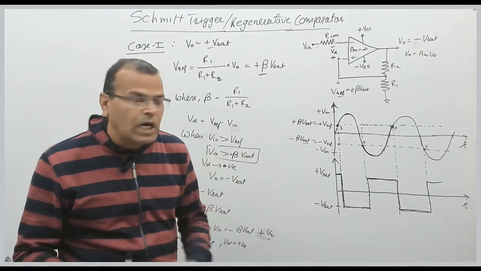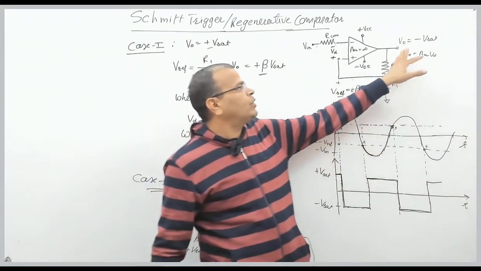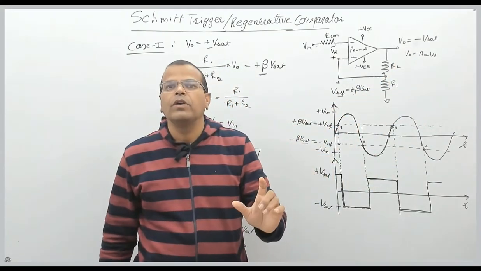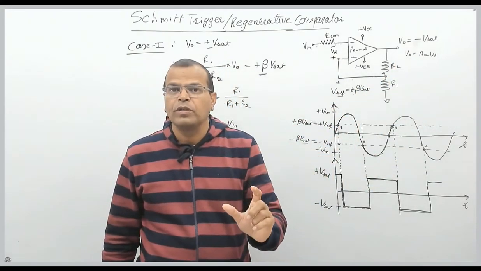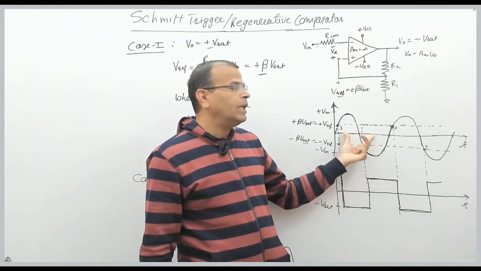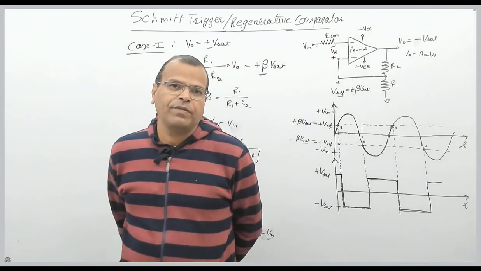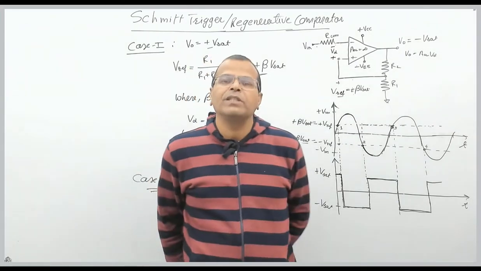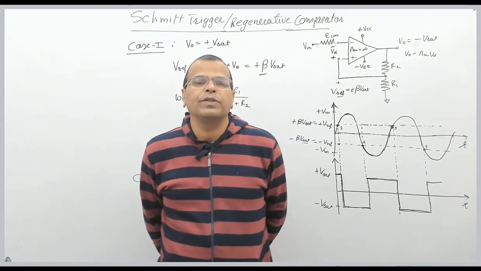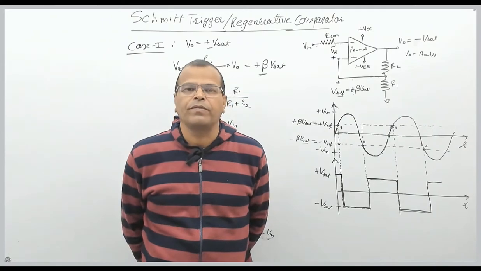So that is how this sine wave, which was fed at input, is converted to a square wave at the output. The time period of the square wave is the same as the time period of the sine wave, right?